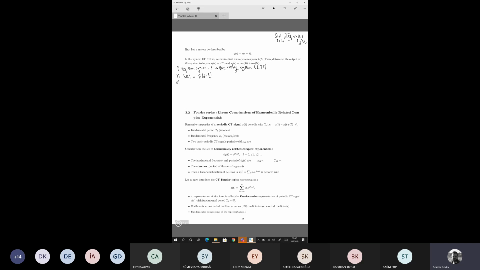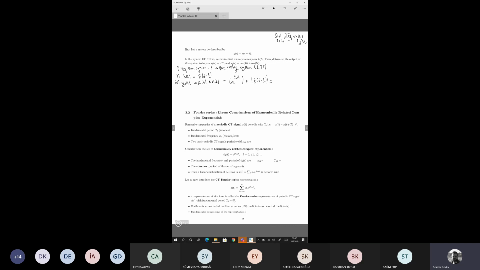In the third part, I will find the outputs for x1. So I know that y1 of t is simply x1 of t convolved with h of t. It is equal to e to the power 2jt convolved with impulse t minus 3. Well, I know that you can tell this by heart.